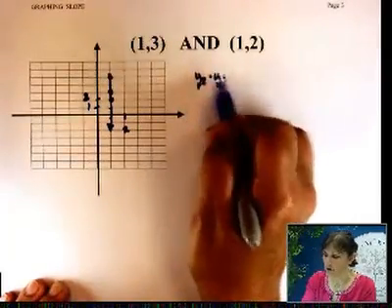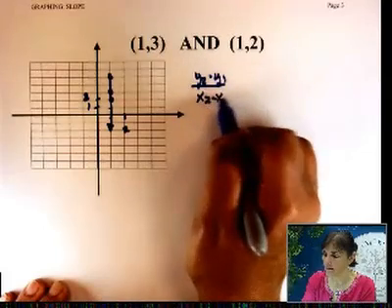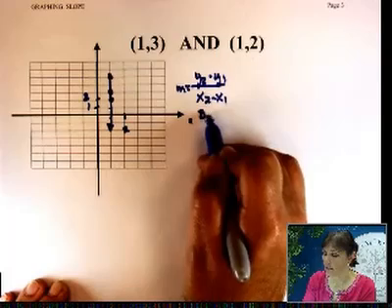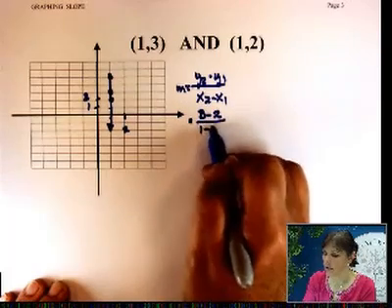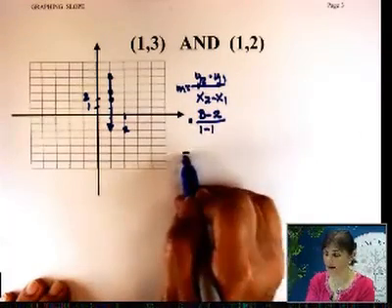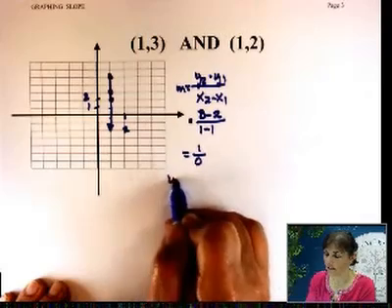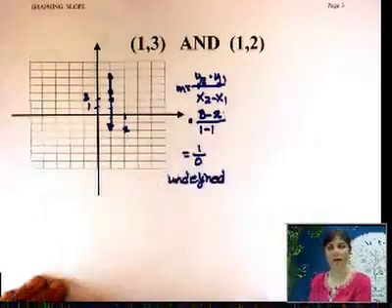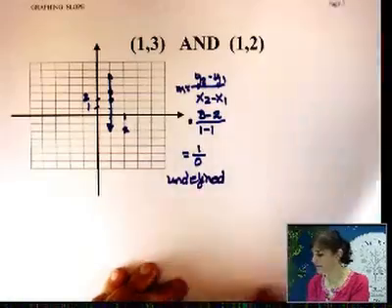Y2 minus Y1, X2 minus X1. All right, let's do 3 minus 2 over 1 minus 1. What is that? 1 over 0, undefined again. Okay, so you do understand the undefined slopes.